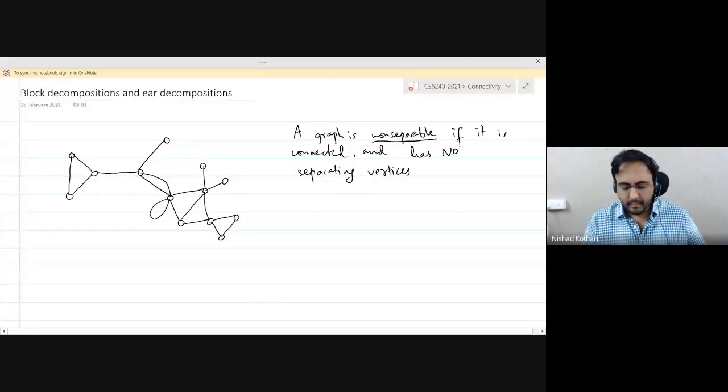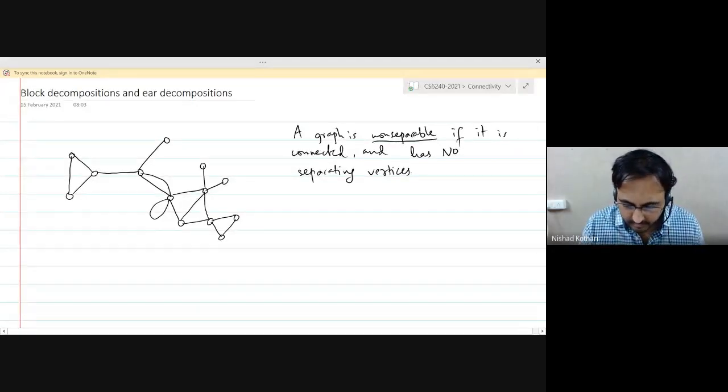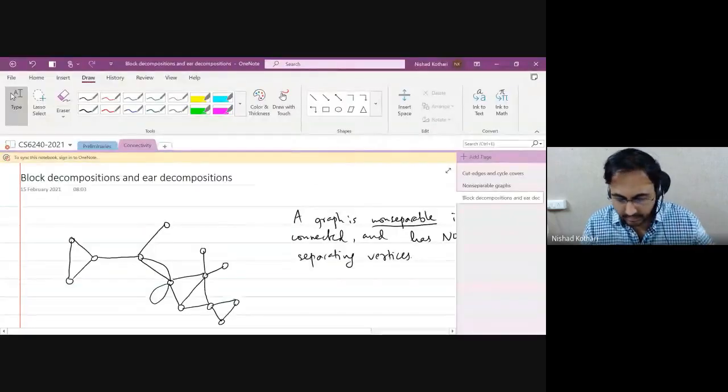If you look at this example, there are separating vertices here.